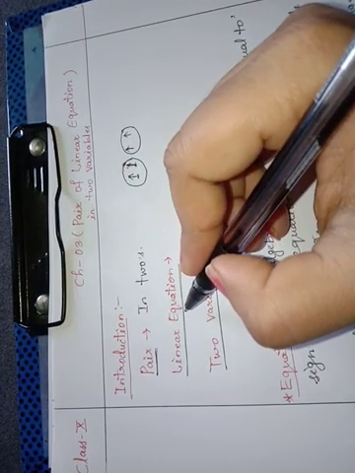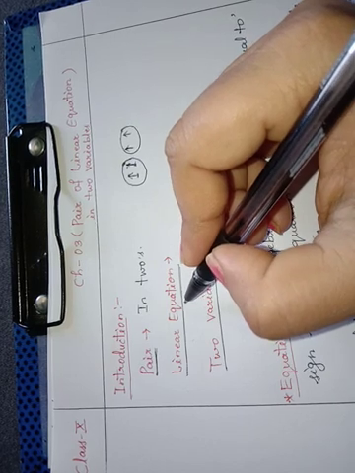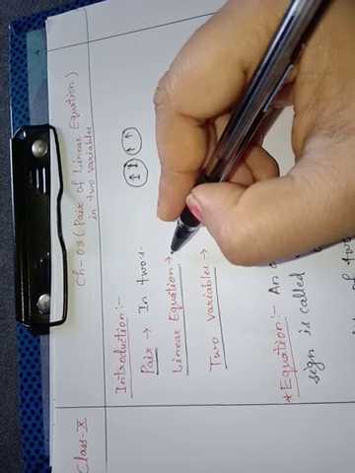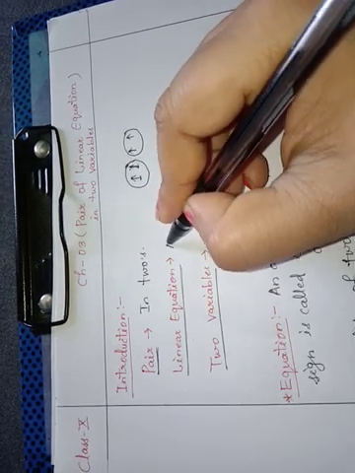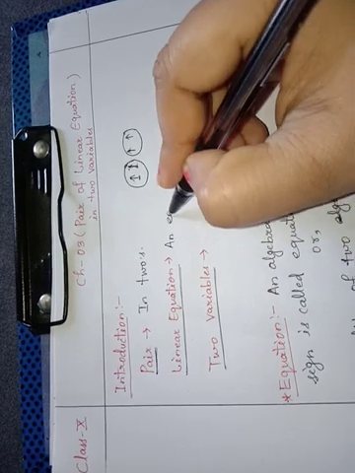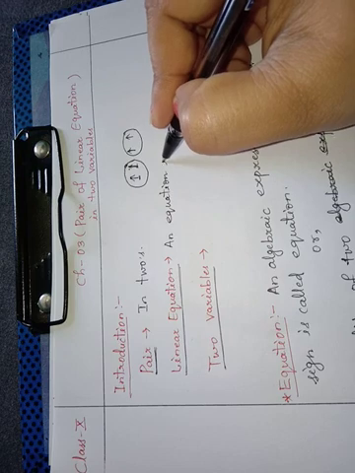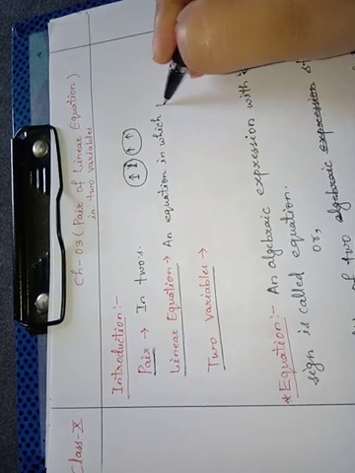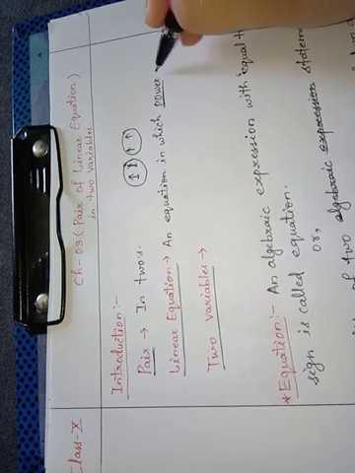Now linear equation. What is the definition of linear equation? Already we have read in class 9. So linear equation, an equation in which power of variable, power means degree, okay?